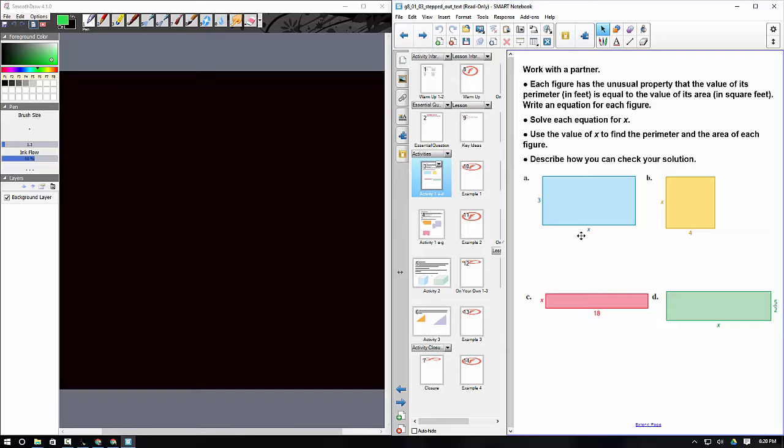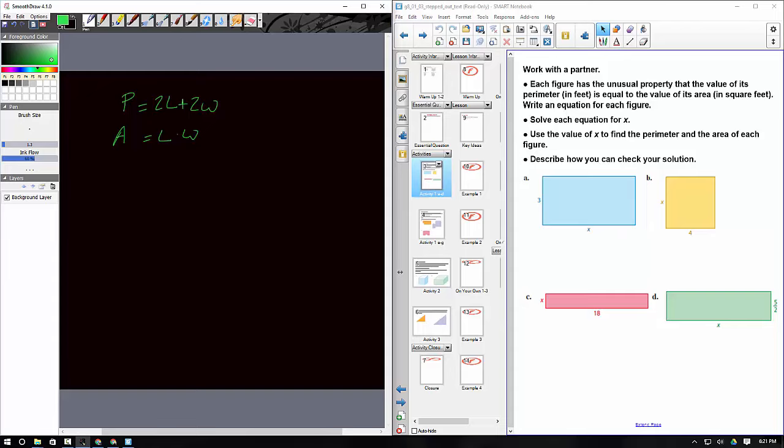So in this one, it says that it has the unusual property that the area equals the perimeter. So in this case, I know again that perimeter equals 2L plus 2W, and area equals length times width, right? So let's just look at letter A here.